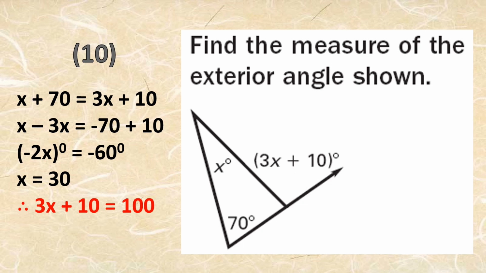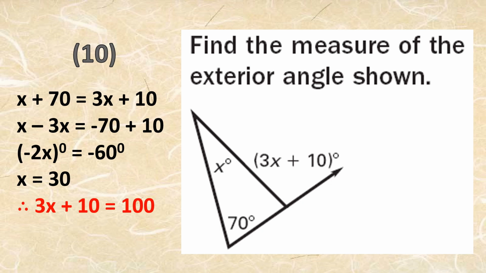Example 10. It's the same exterior angle theorem application. The exterior angle measuring 3x plus 10 is equal to the sum of x plus 70, and then solve the equation for x.